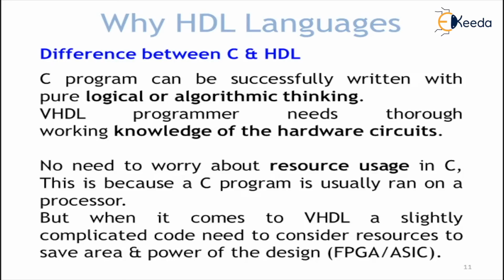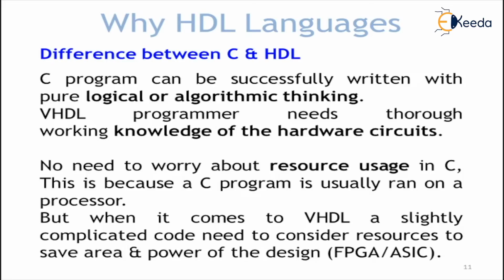Usually while writing C code we are not worried about resource consumption, because the C code is implemented directly on the available chipset like processors, utilizing the memory. But in case of writing HDL code using VHDL or Verilog, we have to be very careful about resource consumption. Why? Because whatever we write in HDL, ultimately it is going to generate an integrated circuit or ASIC, or it is to be implemented on a particular FPGA.